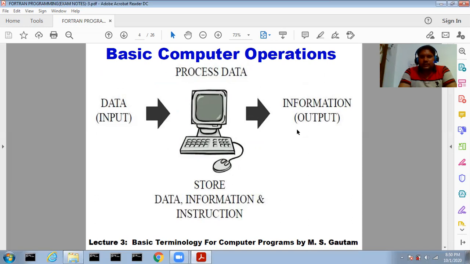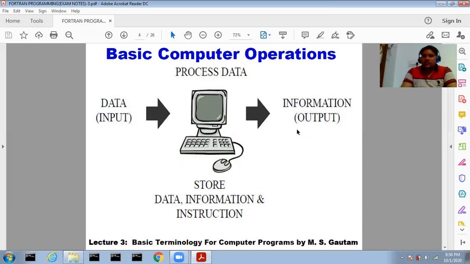The computer takes input, then depending upon the instructions given by its user, the computer processes that data, then produces some results and information, and all these results and information are finally stored in its main memory, and then this output can be collected by its user.